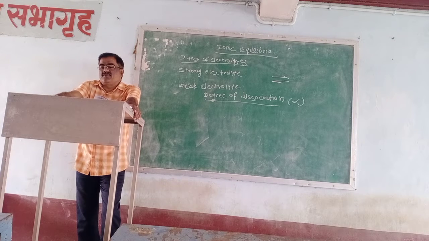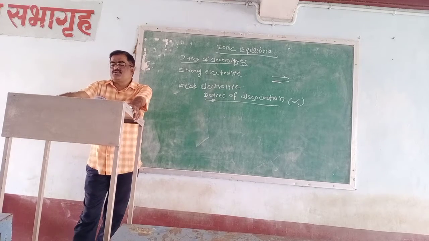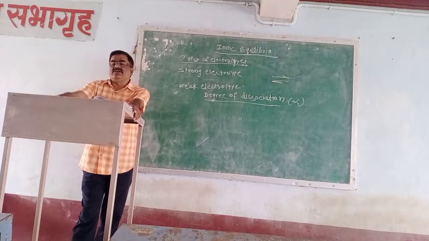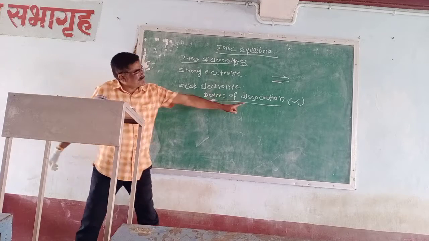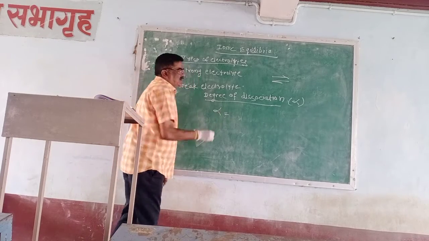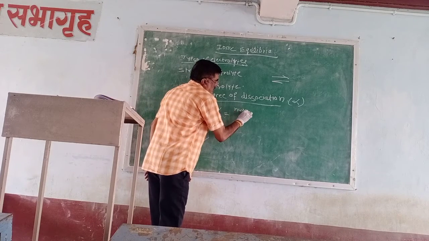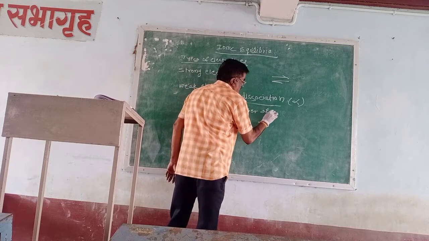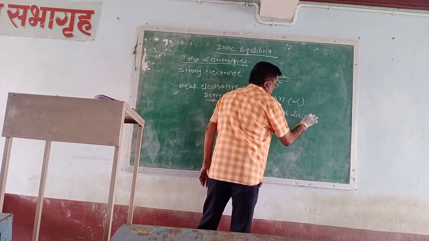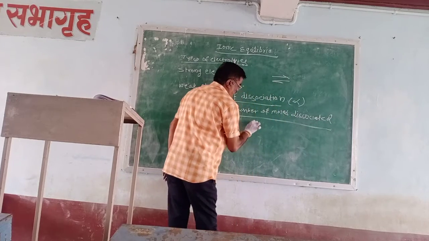The degree of dissociation of an electrolyte is defined as a fraction of total number of moles of the electrolyte that dissociate into its ions when the equilibrium is established, and it is denoted by the symbol alpha. That is, the degree of dissociation is equal to the number of moles dissociated to the total number of moles.